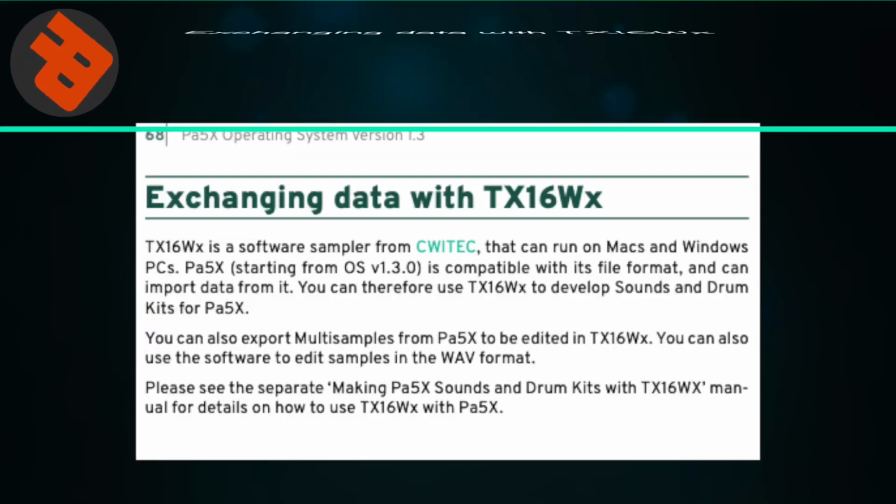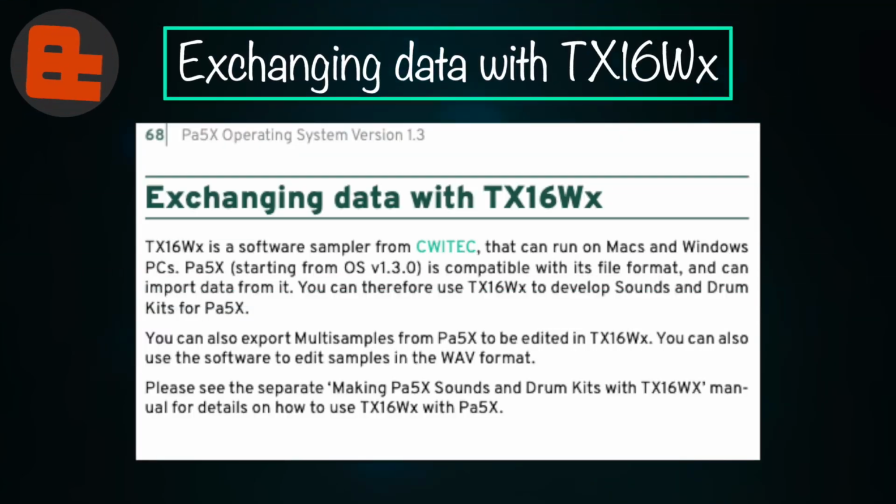New import file formats. Exchanging data with TX16Wx. TX16Wx is a software sampler from CWITEC that can run on Macs and Windows PCs. Pa5X, starting from OS version 1.3.0, is compatible with its file format and can import data from it.